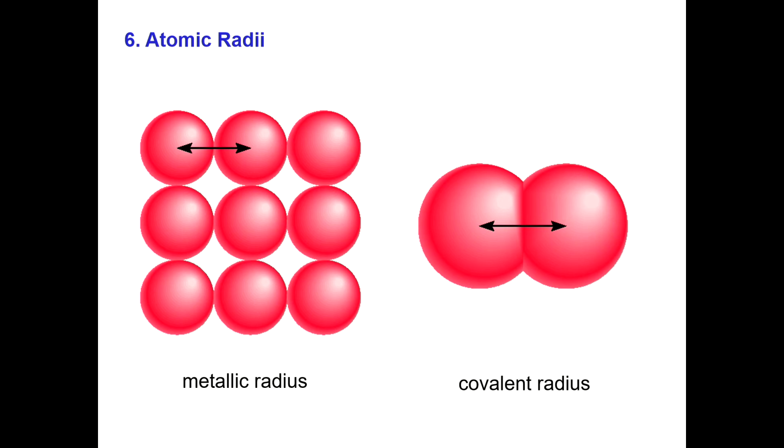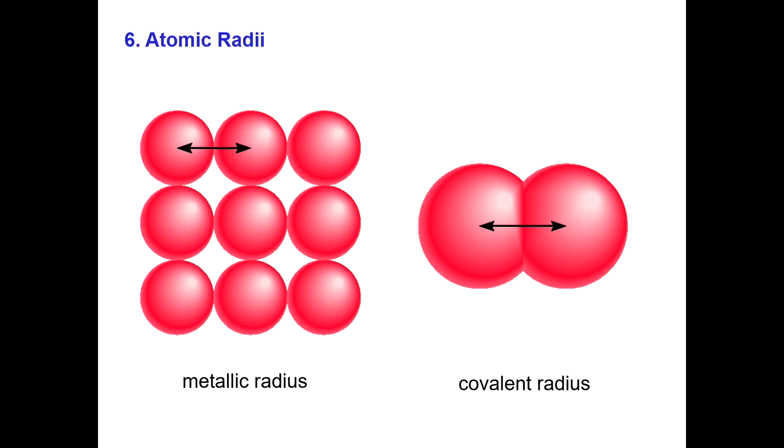In this structure we can define the metallic radius. The metallic radius is half of the distance between these two centers. So this is the metallic radius.